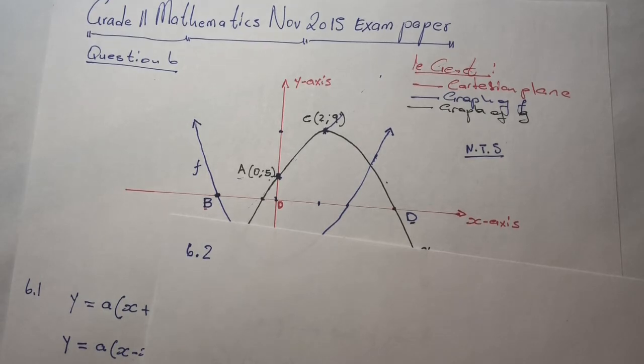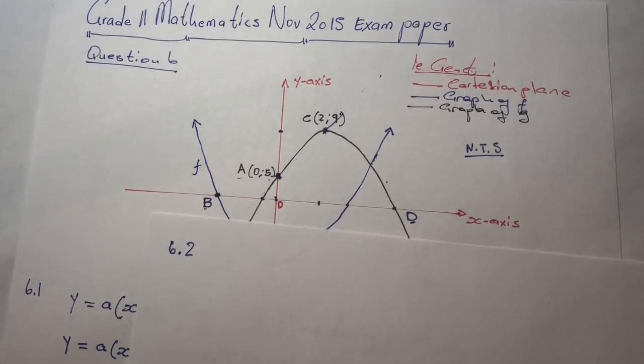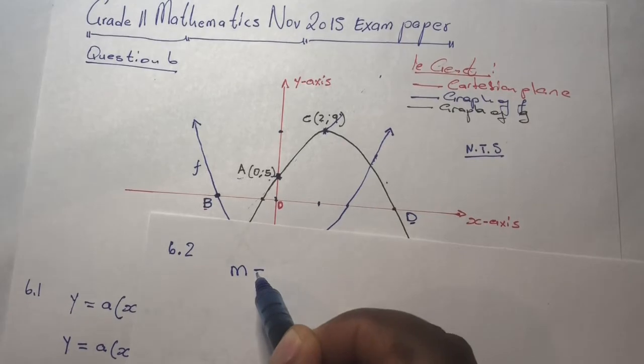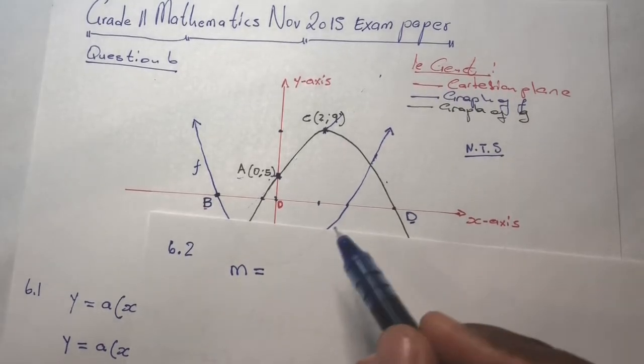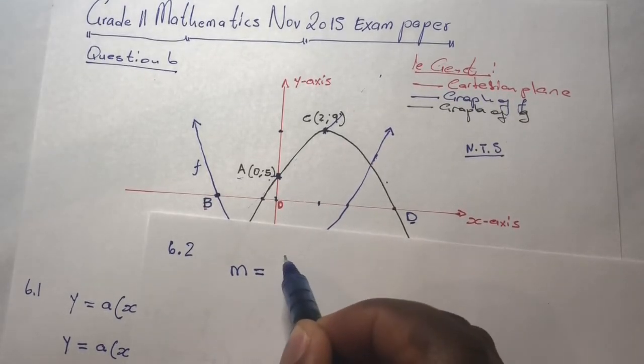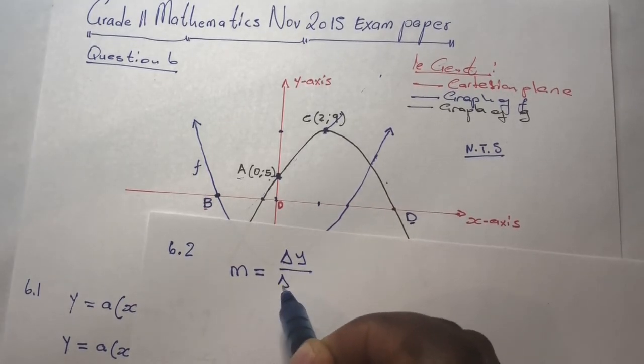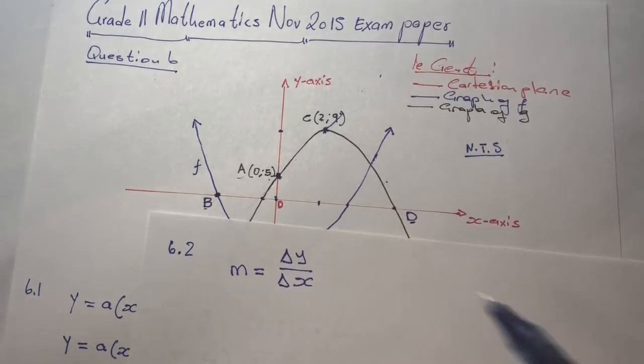So for the fact that the question said calculate the average gradient, what you need to do is to write the formula for calculating the gradient. We know mathematically m represents the gradient. So the gradient equals change in y over change in x. That we know.